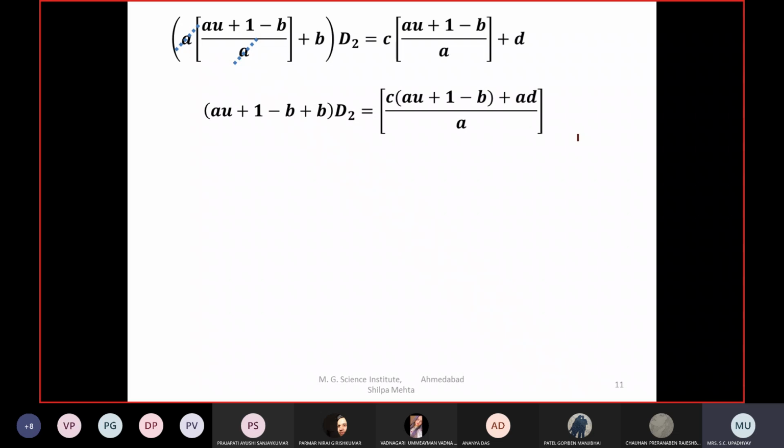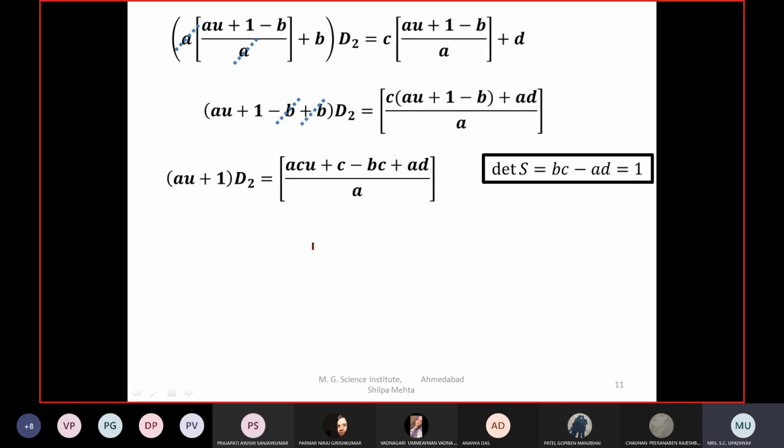Now on the left-hand side, minus b and plus b cancel out, and therefore we have (au plus 1) into d2. Opening the bracket on the right, we get acu plus c minus bc plus ad, divided by a.